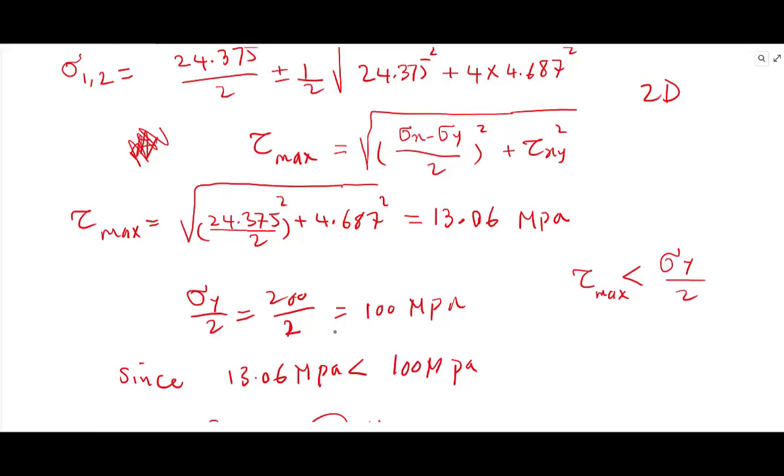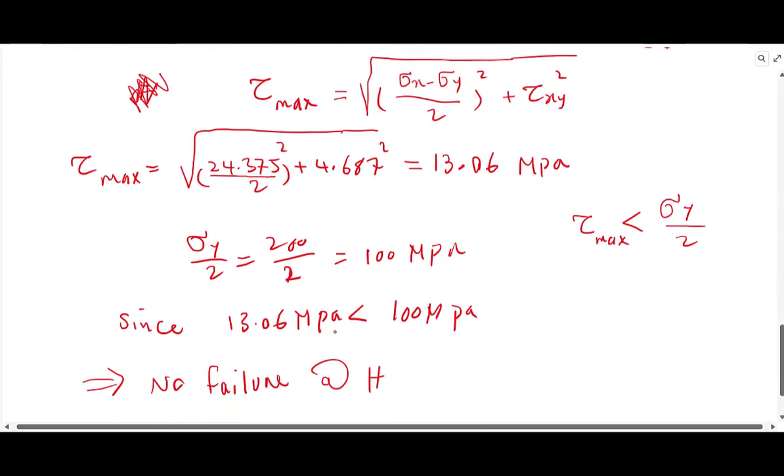What you found as a maximum shear was only 13.06 megapascal, and the yield stress for this material is 200 megapascal. Because the stress developed due to the internal forces, according to this theory, is smaller than 100 megapascal, you can conclude that there is no failure taking place at H.